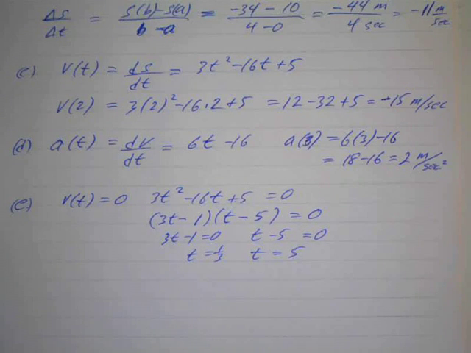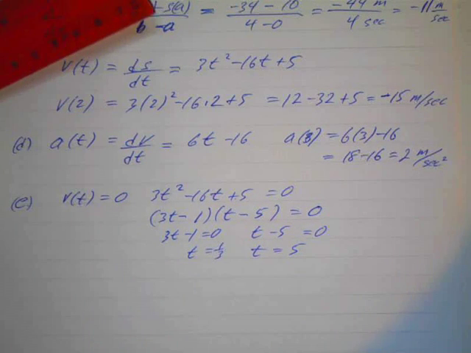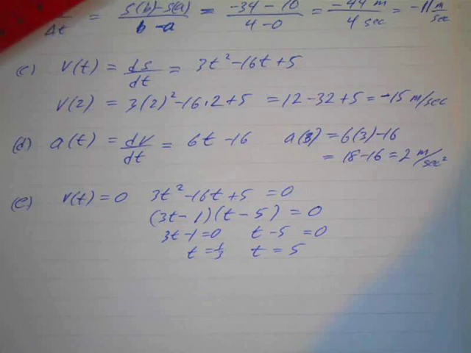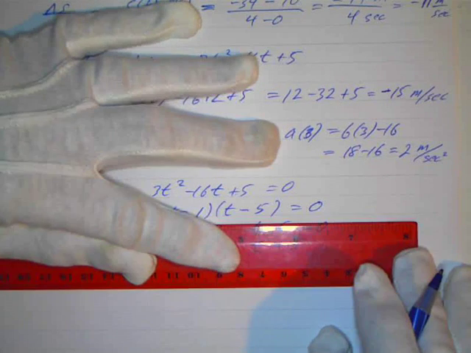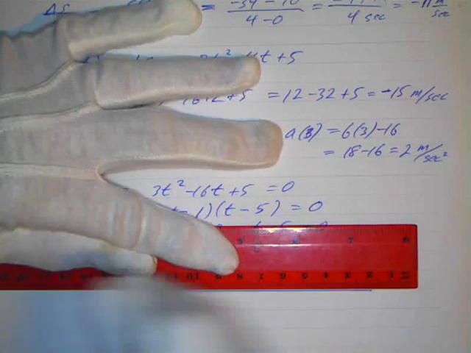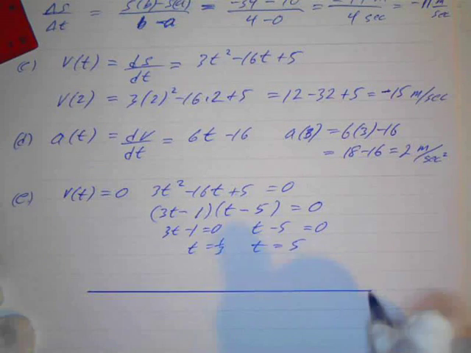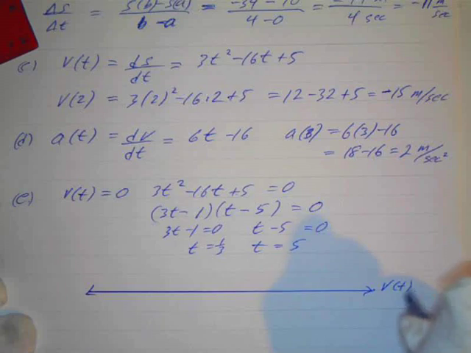So what we'll do is we'll make a little graph here. And this is actually going to help us for the next two questions. So this would be the velocity as a function of time.